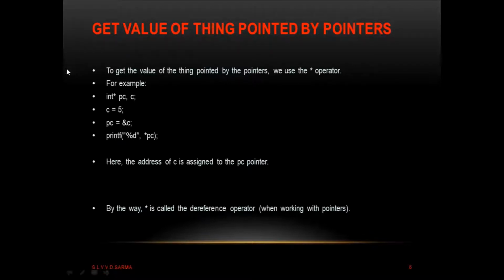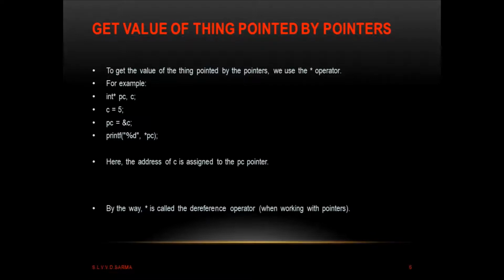So for example, here I'm going to declare one pointer variable pc and one normal variable c. We assign a constant value to the variable c, c having the value 5. pc equal to ampersand c, so the address of c will be assigned to the variable pc. Now we are going to indirectly access the c value.